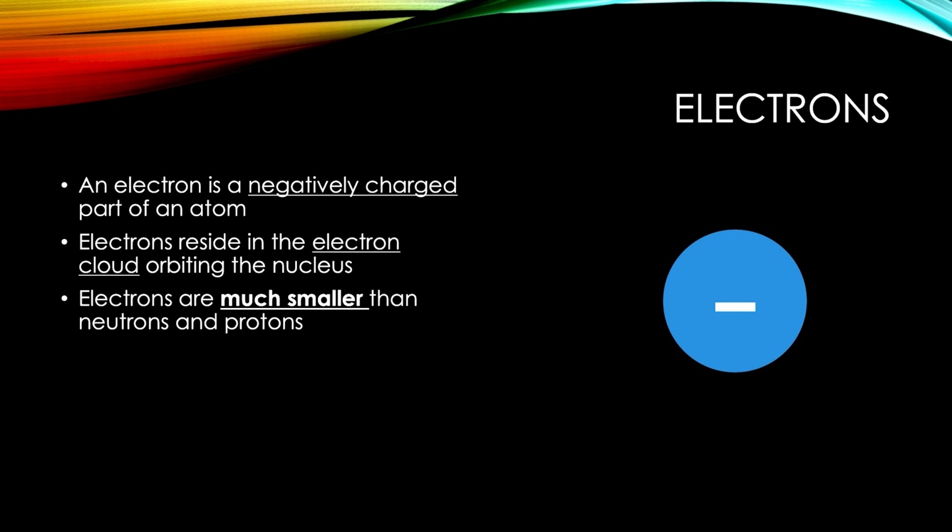So if you think of the moon and everywhere it could be around Earth, there'll be some electrons. So they're orbiting the nucleus. And electrons are much, much, much smaller than neutrons and protons. So much smaller that in scientific applications, we just call its mass basically zero. It's that small.